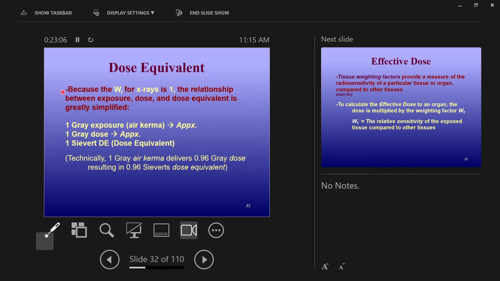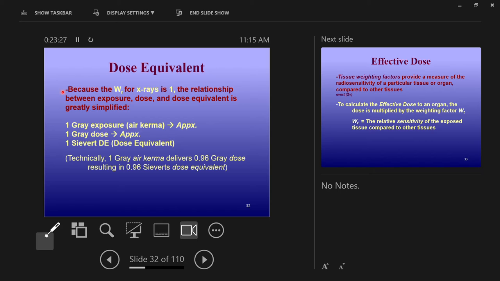So then we have to ask, when do we use gray? When do we use sievert? The simple answer, which I'll restate later, is we use gray when we're talking about our patient's exposure and absorbed dose. We use the sievert when we're talking about occupational dose equivalent.